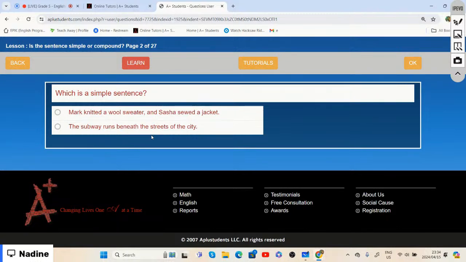Remember, a simple sentence only has one subject and one predicate.